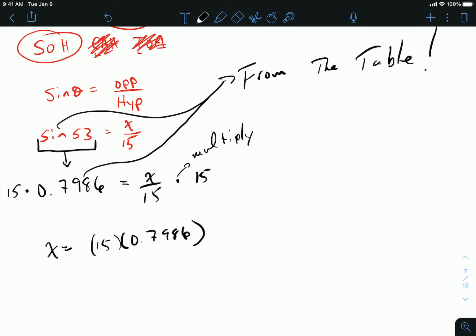Do the math on that. I did an update on my computer, so my stuff looks different now. 15 times 0.7986. All right, that means x is equal to 11.98 units.